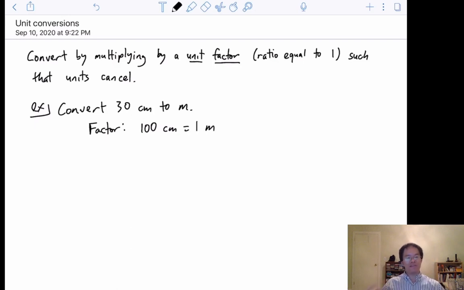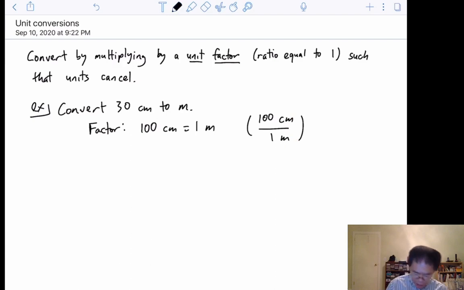So we can construct a unit factor out of this. The ratio 100 cm to 1 meter, because of the way these units are defined, is equal to 1. The numerator and the denominator represent the same thing.